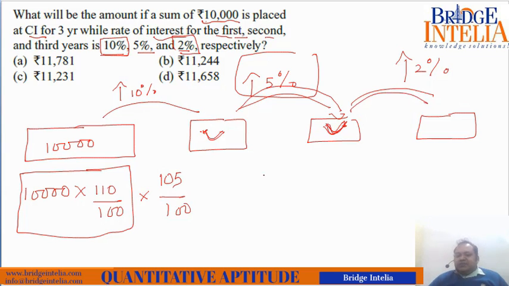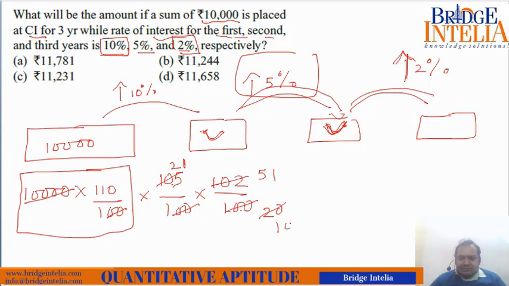So another change of 2%, and that is also an increase. So 102 by 100. Let's see if zeros are getting cancelled. So yes, this 0, this 0 cancelled. And this 100 and 102 will also get cancelled. Okay, we can cancel 105 and 100. How? 20 and 21 times. So this is 51.